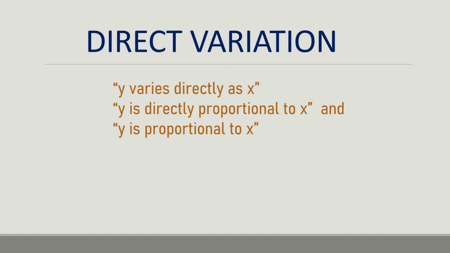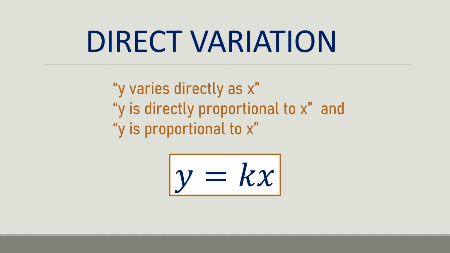So we have here the commonly used statements. So we have y varies directly as x, y is directly proportional to x, and y is proportional to x. All of these equates to y equal k times x, where k is the constant of variation.